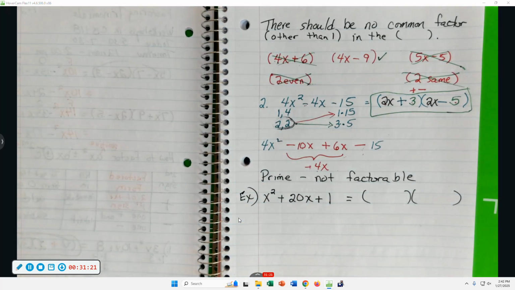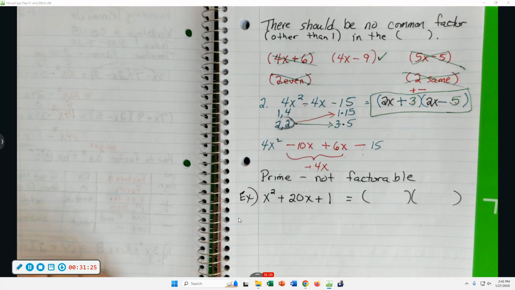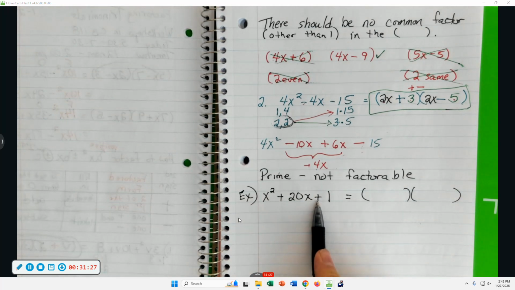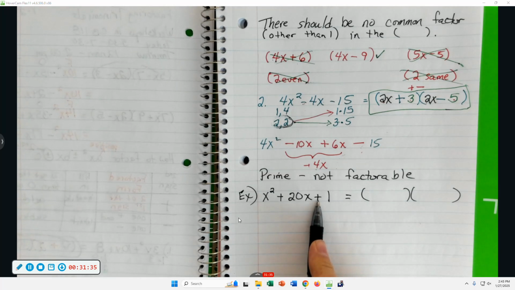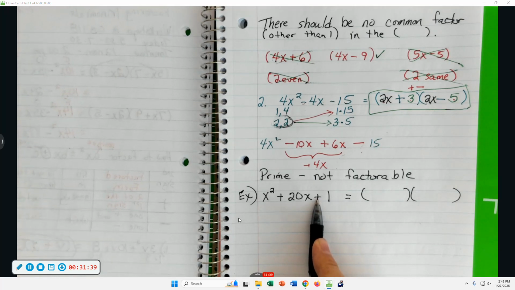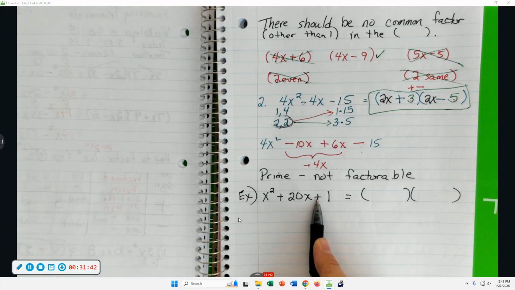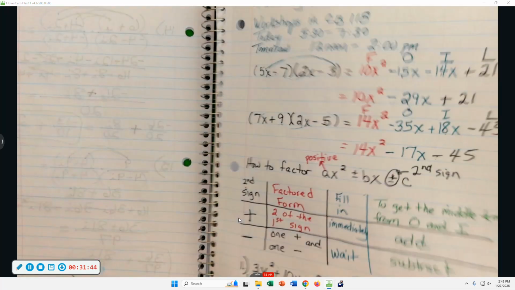x squared plus 20x plus 1. The second sign is plus, so what do we know about the signs? Are we going to have 2 pluses, 2 minuses, or 1 of each? 2 pluses.